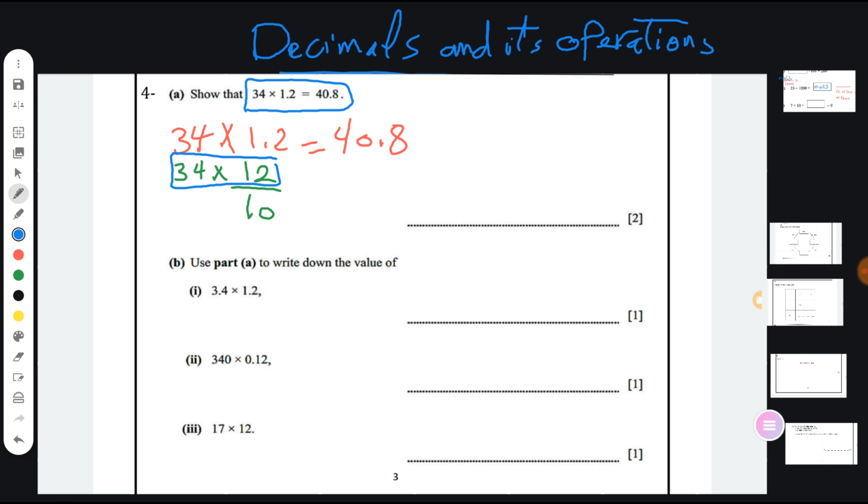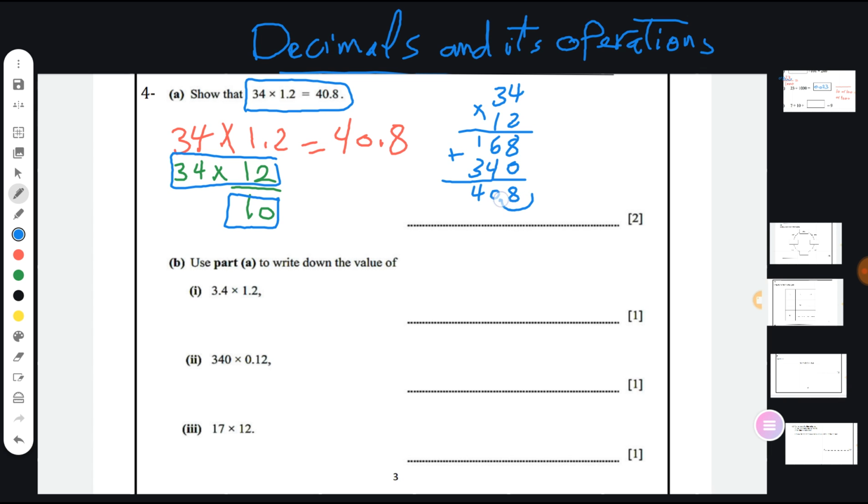So it's easy actually to multiply 34 by 12. 2 times 4 equals 8, 2 times 3 is 6. Put 0, don't forget the 0 for the tens. 1 times 34 is 34. So adding, 8, 0 and carry up 1, it will be 408. And don't forget that we need to divide it by 10.